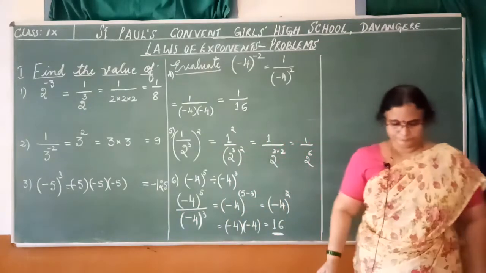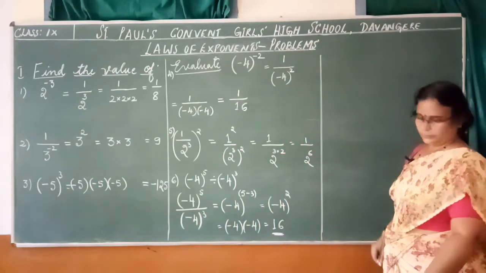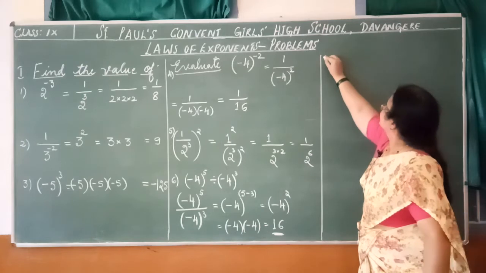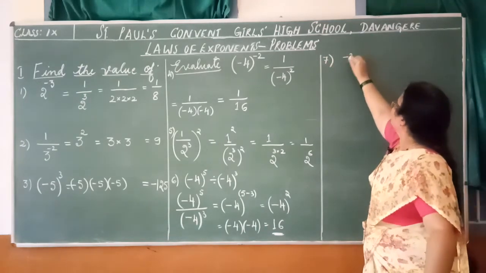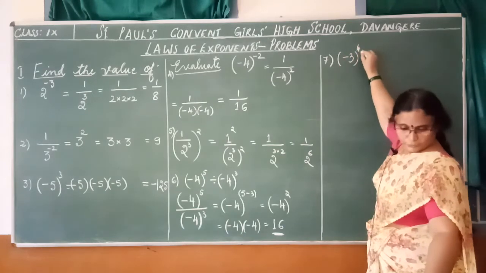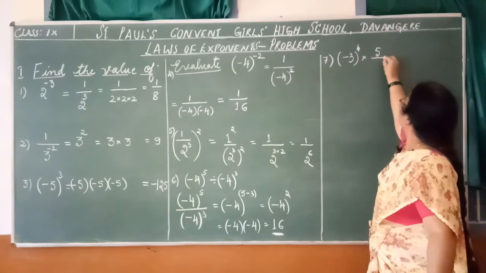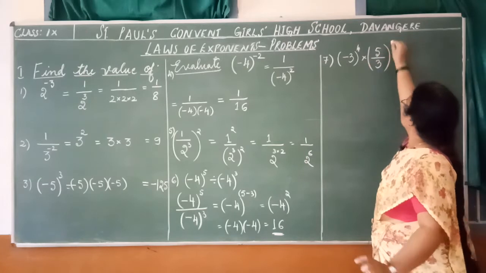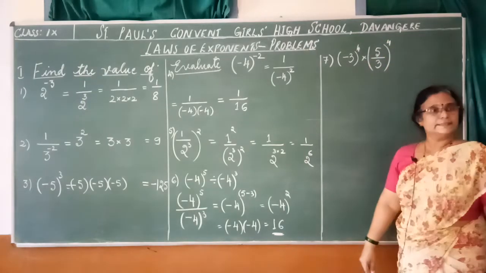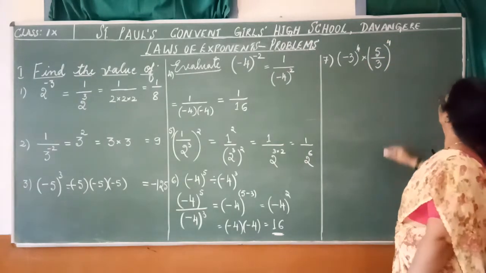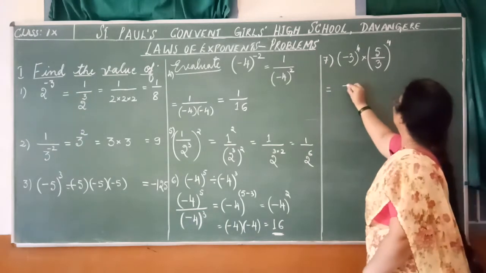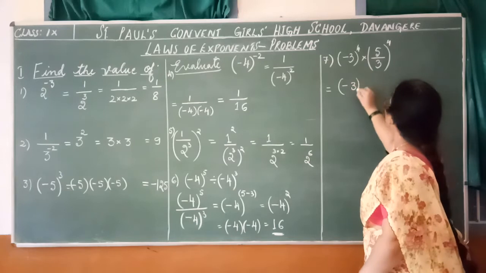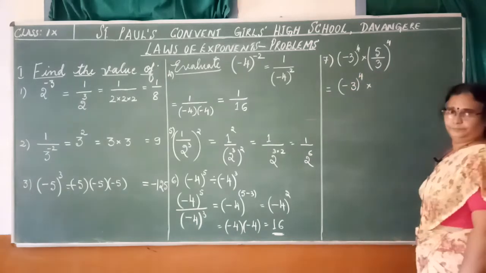The other one, 7. Minus 3 whole to the power of 4 into 5 by 3 whole to the power of 4. This I have to solve. That is equal to minus 3 whole to the power of 4 as it is, I will write.